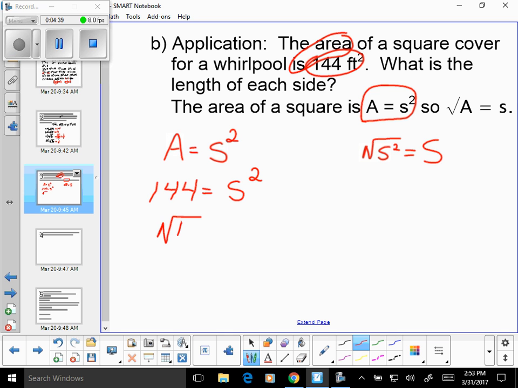The square root of 144 is going to equal the square root of s squared. The square root of s squared is s. The square root of 144 is 12. My measurement here is in feet. Now note that I'm finding the length of a side, so therefore it's feet, not feet squared. Remember that square units means area.